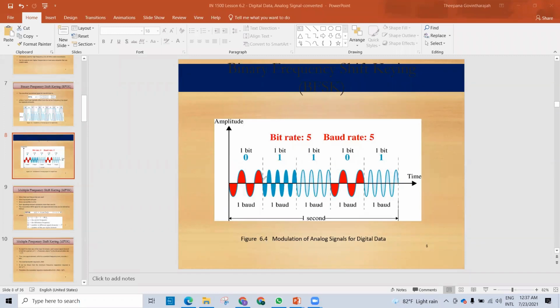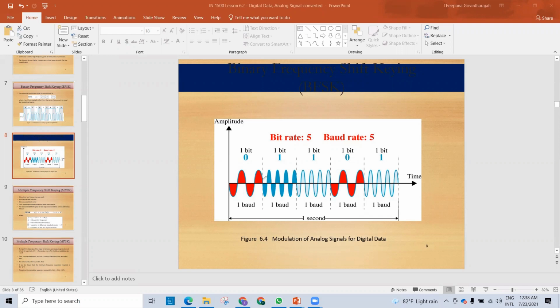as we have already seen what is baud rate and what is bit rate. Bit rate is how many bits are transferred in 1 second. That is bps.